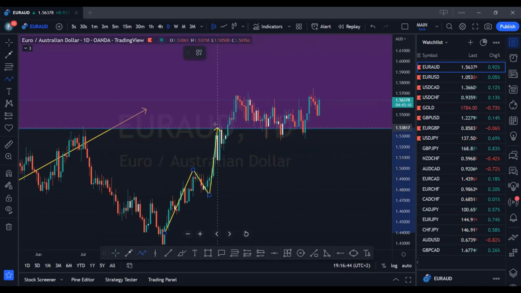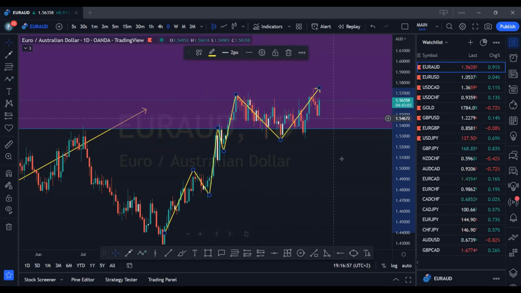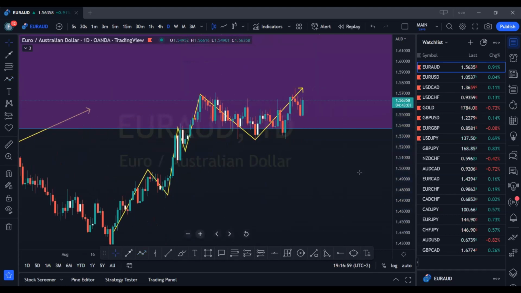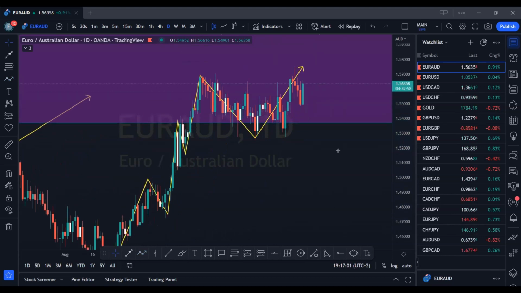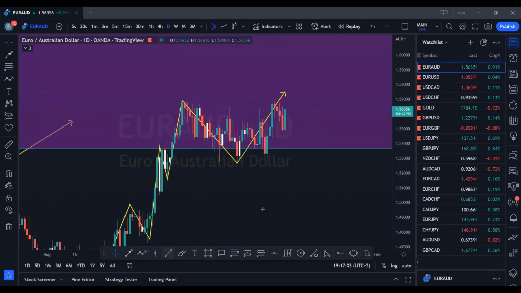So we can consider this a bit of structure here, and then price is doing this, and then we are seeing price retracing over here, and then a little bit of liquidity grab here. If you've been following my analysis for a while, when we see price do this kind of structure, let me use a line to highlight this.